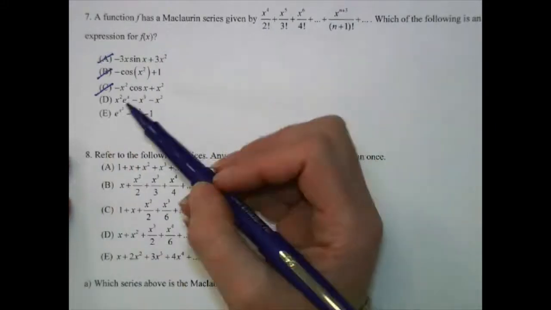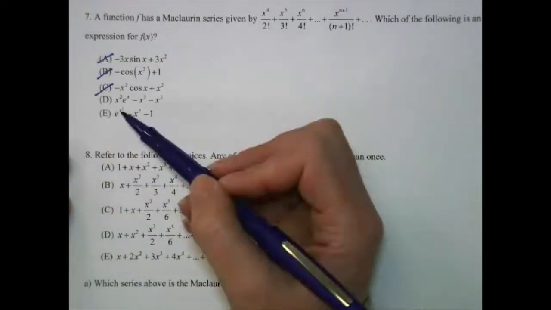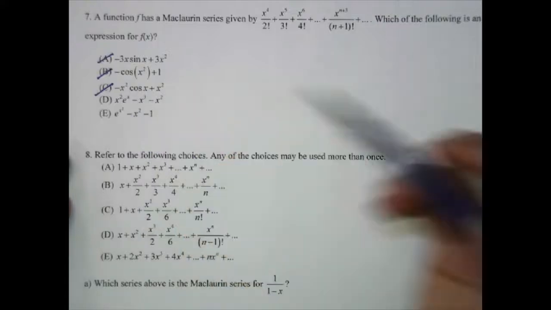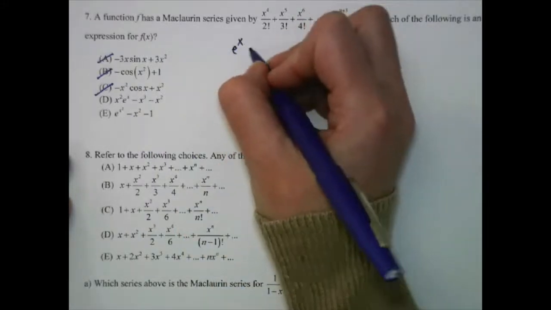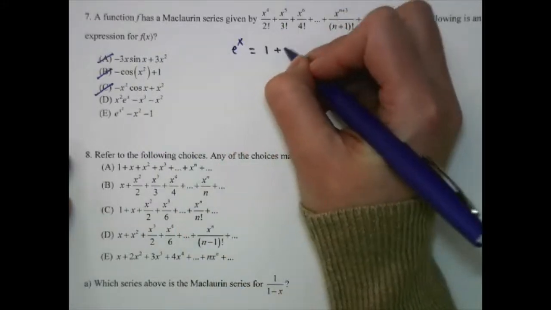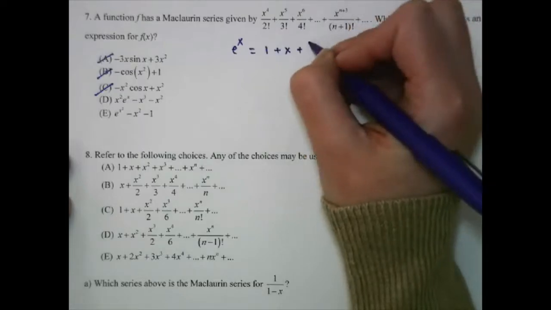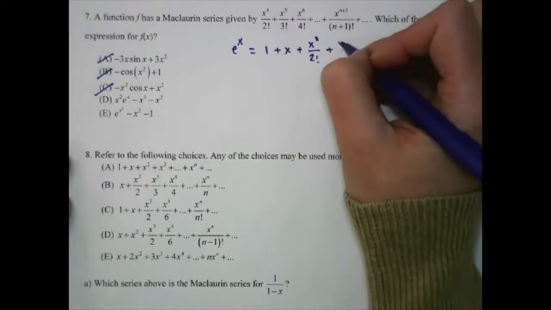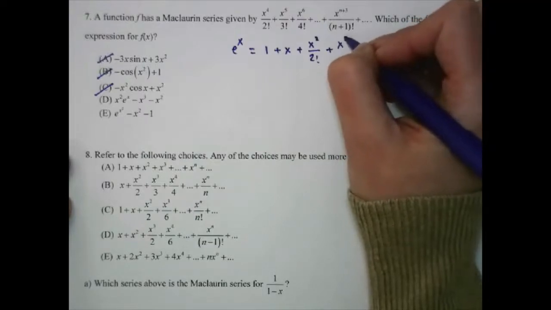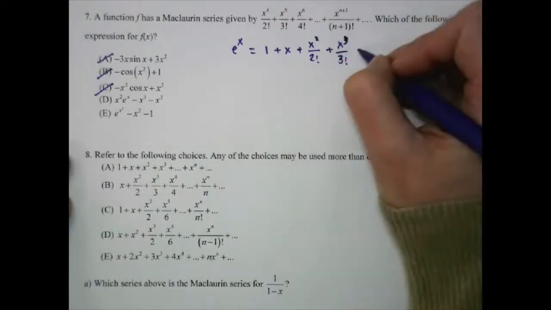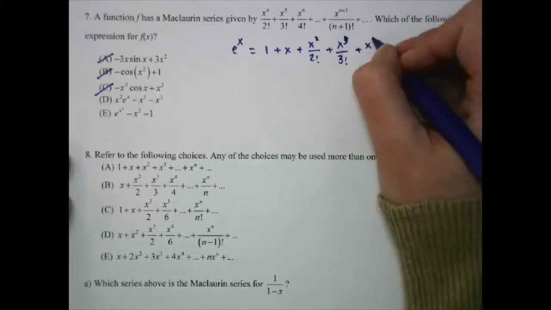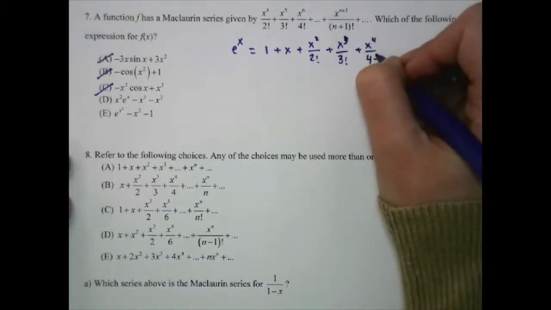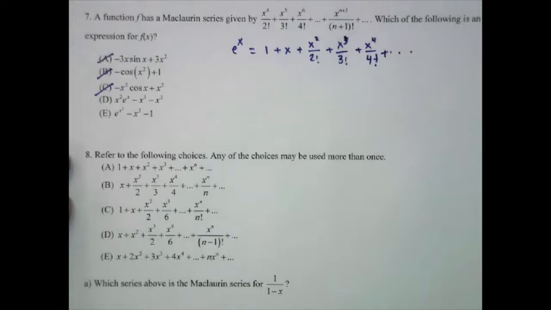Looking at this, the difference is whether we're multiplying by x squared or doing a substitution with x squared. So if I have e to the x, which is 1 plus x plus x squared over 2 factorial plus x cubed over 3 factorial plus x to the fourth over 4 factorial, and so on.